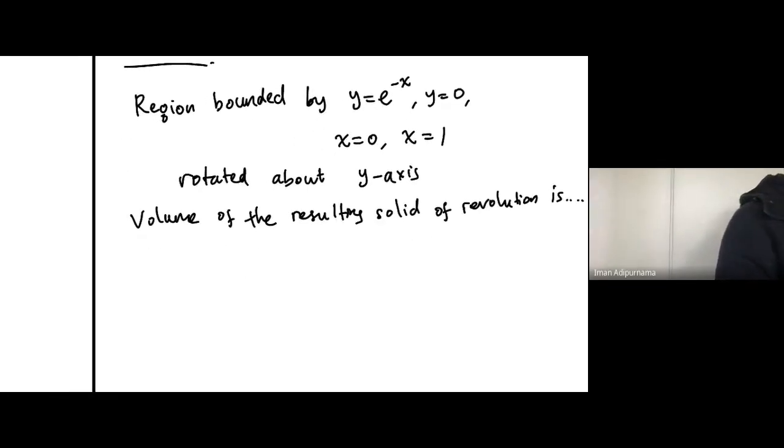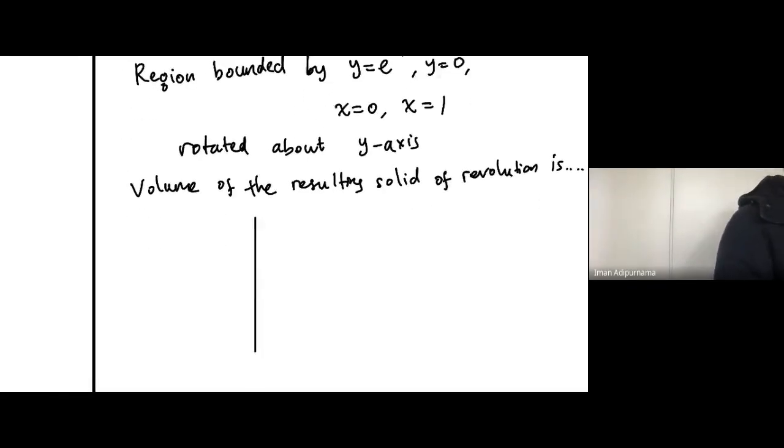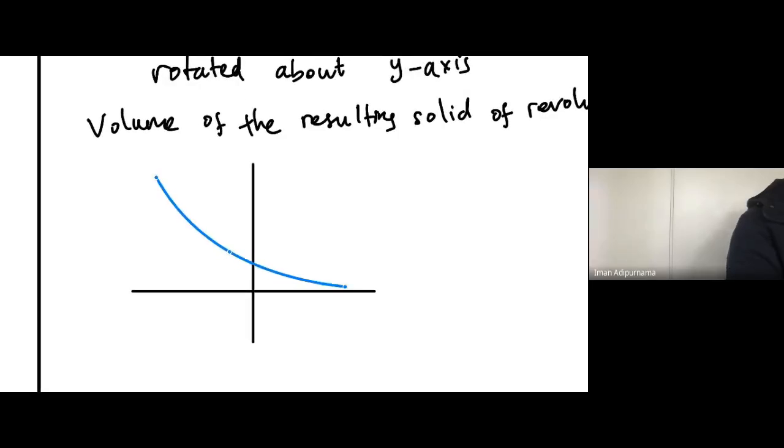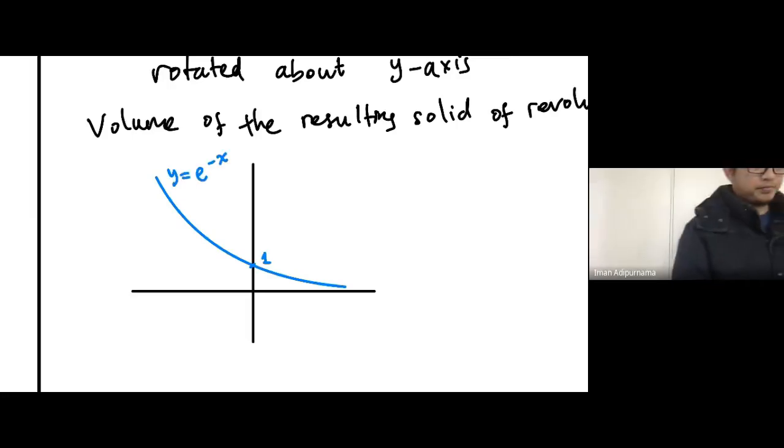Now let's draw the graph. We already drew e to the x previously, so e to the negative x is the mirror, reflected on the y-axis. Maybe this is 1, so this is y equals e to the negative x.